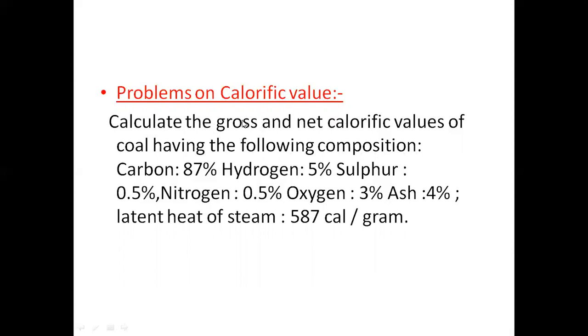The composition is carbon 87%, hydrogen 5%, sulfur 0.5%, nitrogen 0.5%, oxygen 3%, ash 4%, and latent heat of steam is 587 calories per gram.